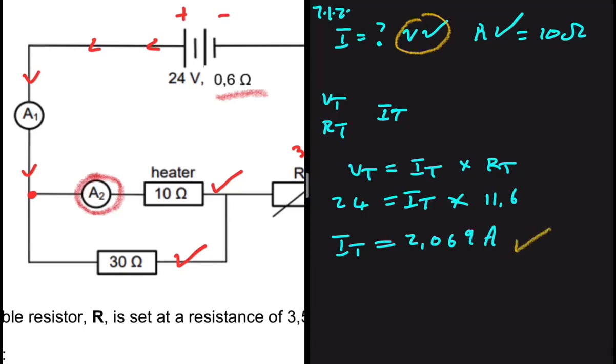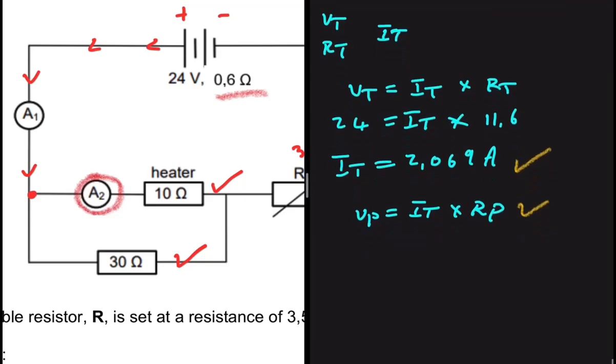Now that we have IT is just taking us a step closer to our answer. We're not looking for IT. We're looking for the reading on A2, and A2 doesn't read IT. So we can say that VP is equal to IT multiplied by RP. If you use this formula, you're going to be able to find the voltage that the heater experiences, or the total voltage on that path, that is.